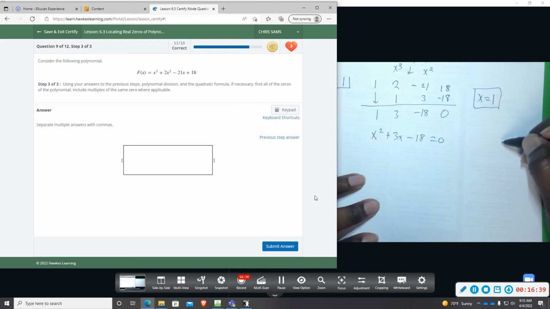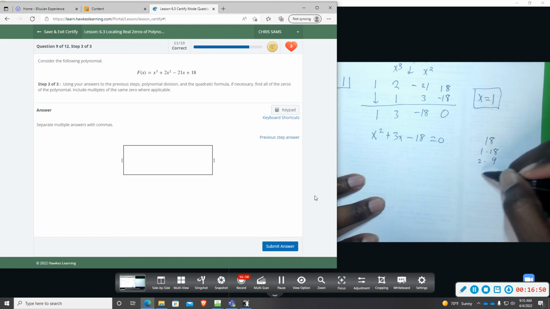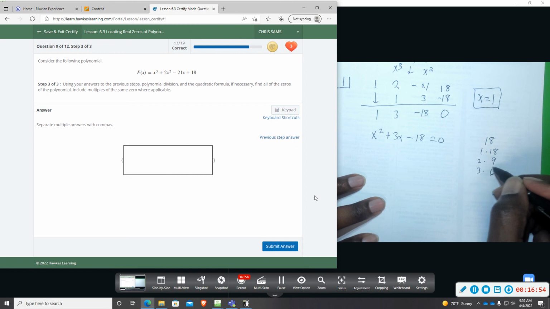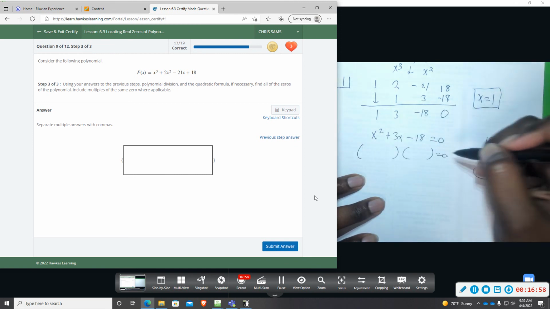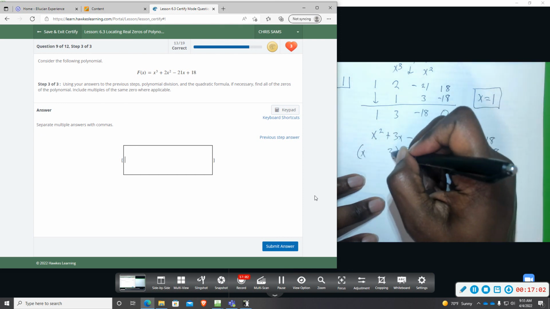Factors of 18: 1 and 18, 2 and 9, 3 and 6. We want to subtract to get 3. That'd be 3 and 6. 2 sets of parentheses. An x in the front of both. 3 and 6 at the back.